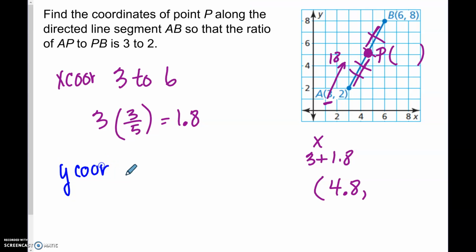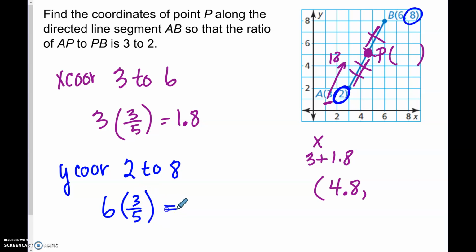All right, then we also have to do the same thing for the y coordinate. I do them separately here. The y coordinate is going from 2 to 8, and that's a total of 6 units. But remember, I only want 3 parts of that, so 3/5. So I'm going to take 6 times 3/5, and that comes out to be 3.6. So I start at 2 and I move 3.6 units.